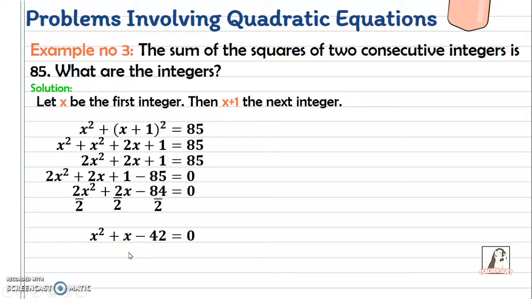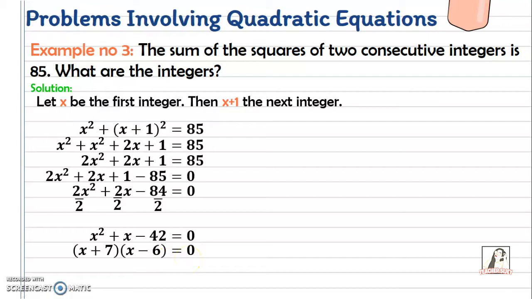So, let's think of two numbers that if we multiply, the answer is 42, and if we subtract, the answer is 1. So, those numbers are 7 and 6. So, we have x plus 7 times x minus 6 equals 0.